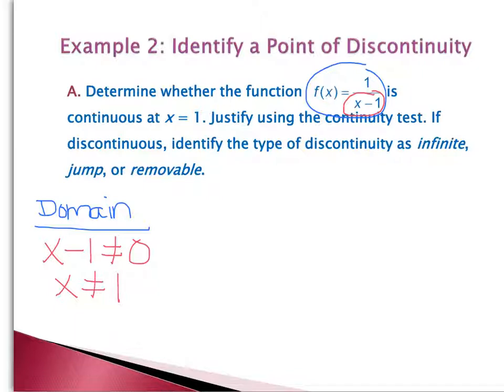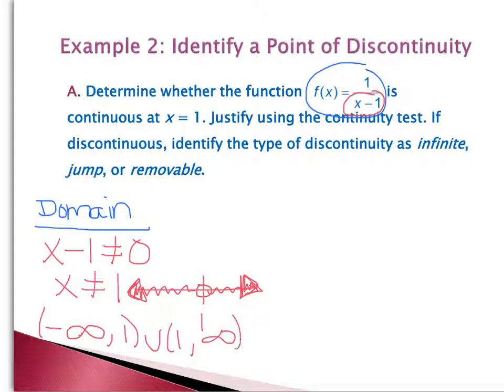So what this is telling me is that my domain, because again, here's my number line, is going to exclude 1. We are going to go from negative infinity to 1 union 1 to infinity.